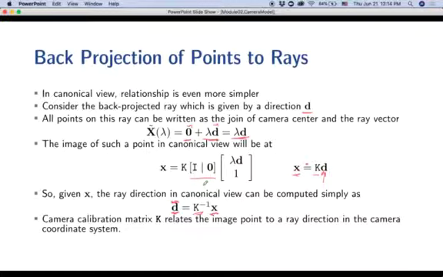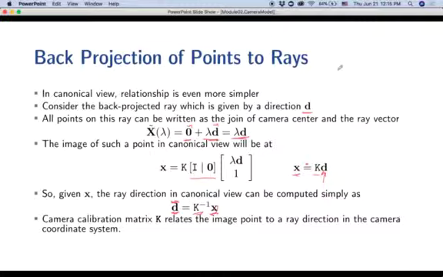So it depends on the focal length, which means that if I change the focal length, the ray direction for the same point will actually change. Okay, which is understandable, right? Because the only thing which is determining that direction other than that point is K. So if I fix x, it's really K which is determining the ray direction.